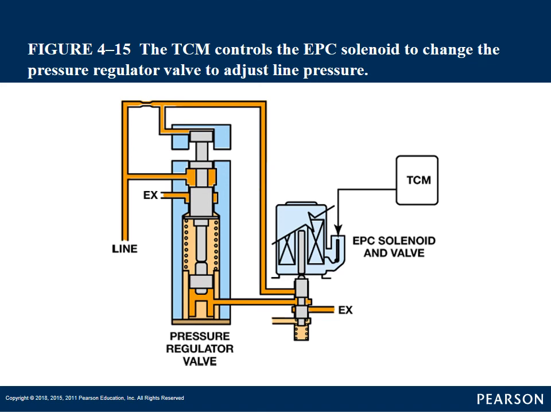Here in this, they have a transmission control module controlling it. On many vehicles, they use the powertrain control module to control this solenoid. And on many of these, they'll have power to it and they control the ground side of it.